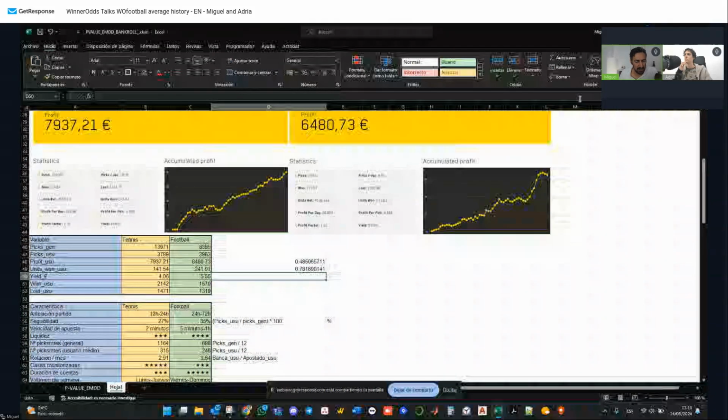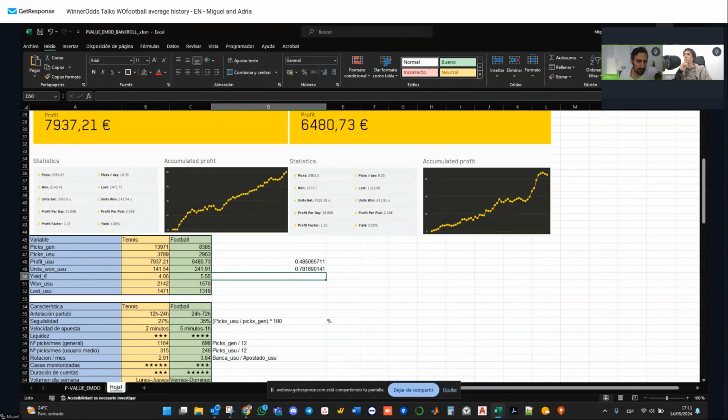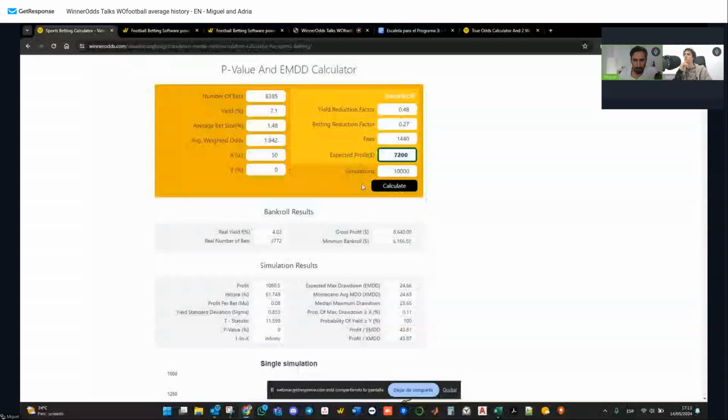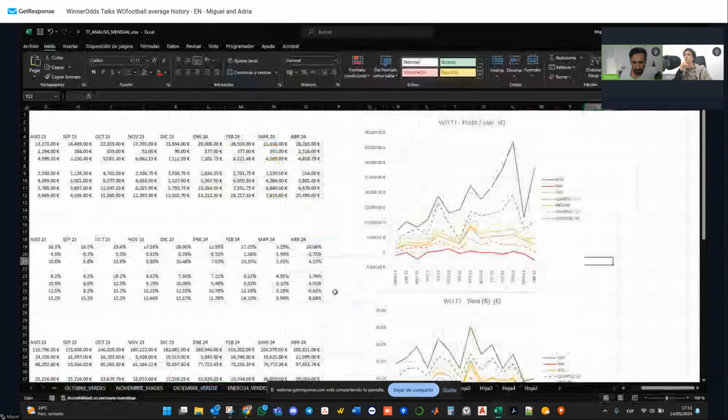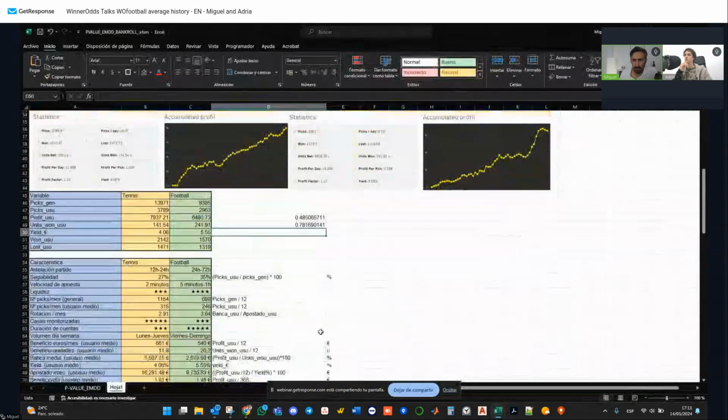These odds are easier to get, similar to the best odds a user has placed. And the betting reduction, it was 35 or... Yes, 0.35.